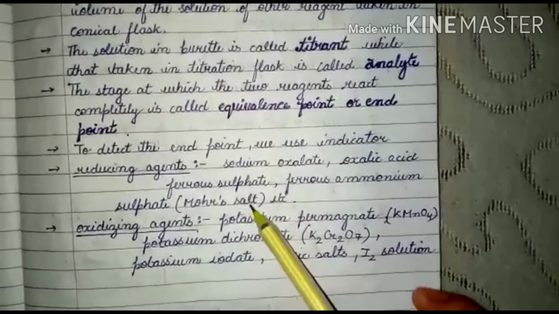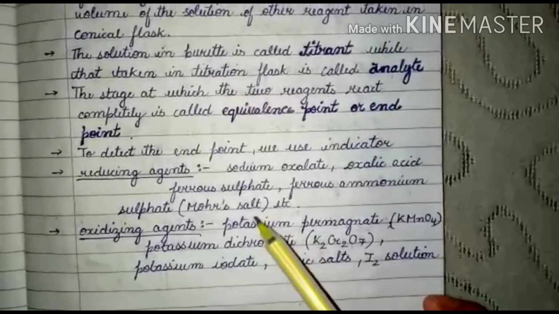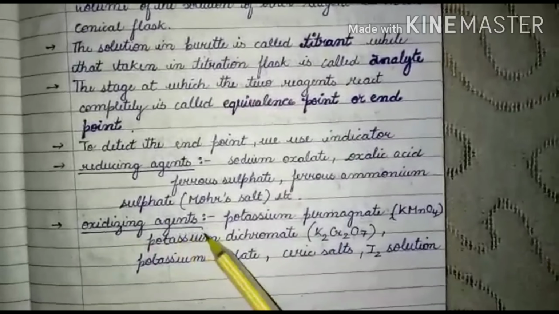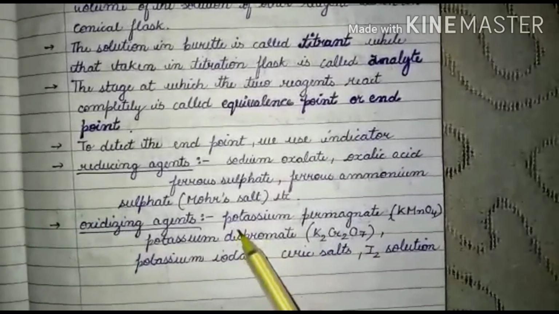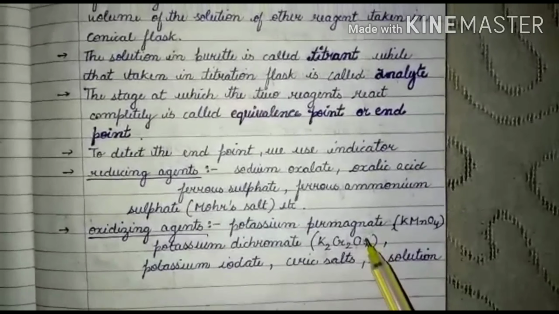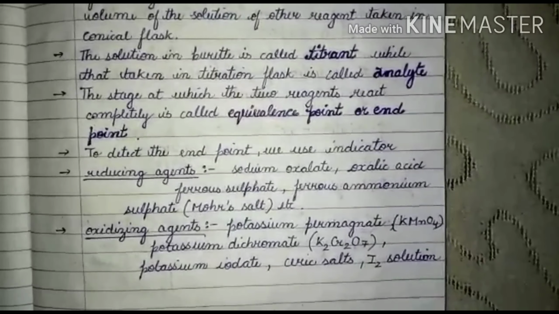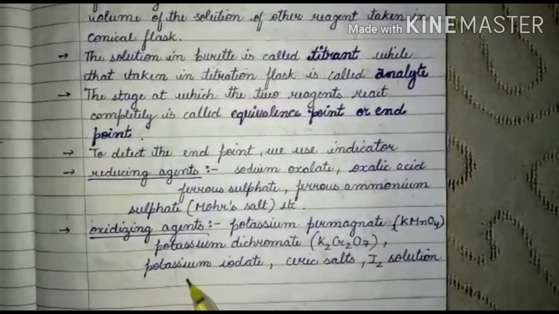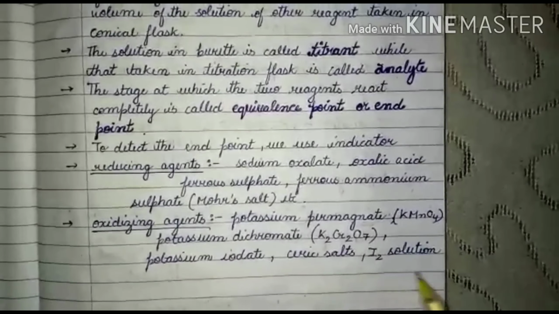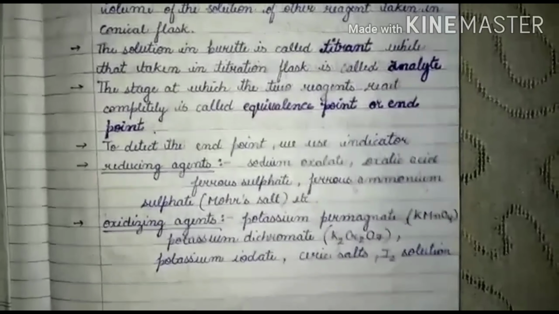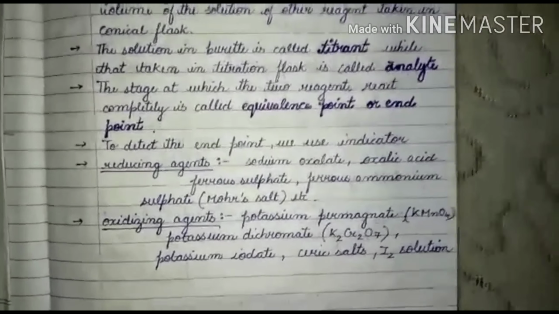And this Mohr salt redox titration we generally do in our labs. Oxidizing agents which we generally use are potassium permanganate, which is a very important redox titration reagent, potassium dichromate, potassium iodate, ceric salts and iodine solution. So these are some reducing and oxidizing agents which we use in our general labs.